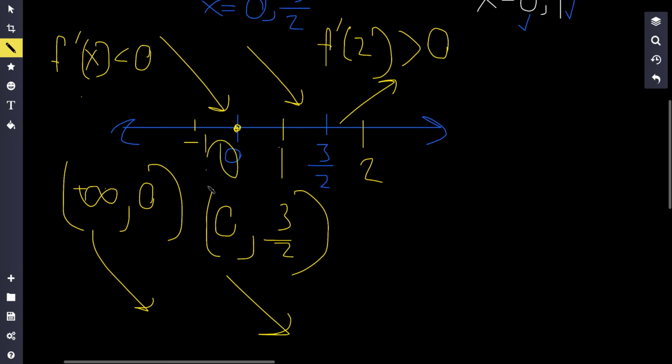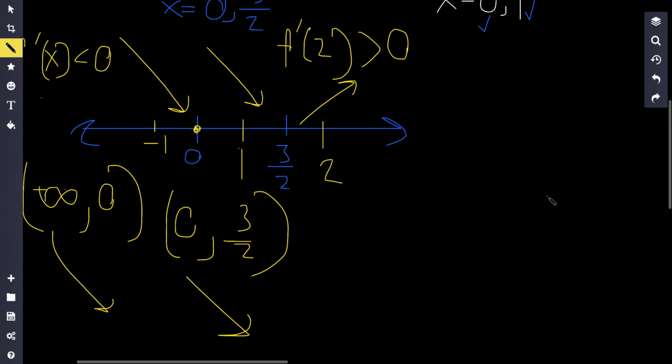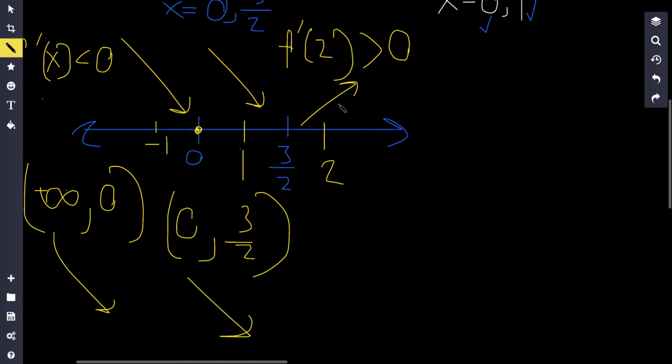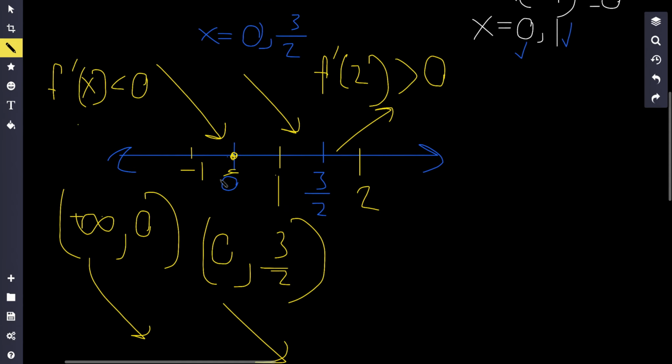So at x equals 0, this is not a maximum point and not even a minimum point. If a function is decreasing and 0 is just in the middle of all this, it's neither a maximum nor a minimum. So we're going to ignore this 0.